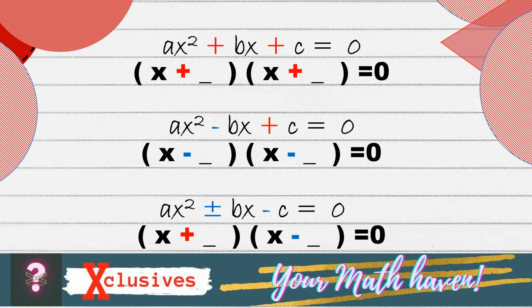Now as you can see in the patterns, if our c is positive, then the factors have the same sign. But if our c is negative, the factors have different signs.